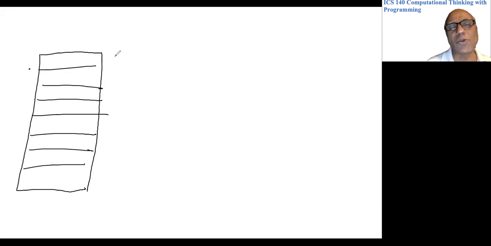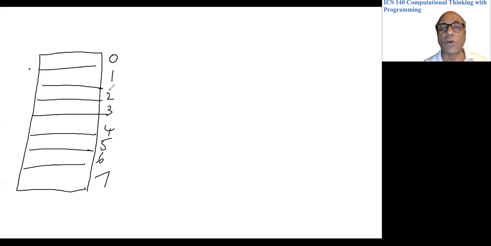It so happens in the computer world that these table entries are denoted by numbers starting at 0, 1, 2, 3, 4, 5, 6, 7. This is, of course, a very small table that has only 8 entries, numbered 0 through 7.